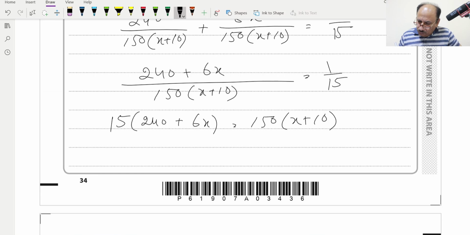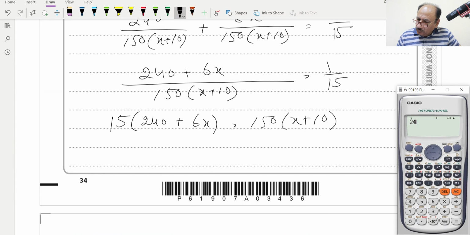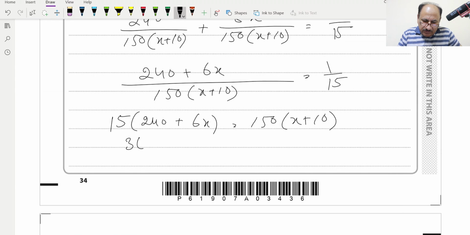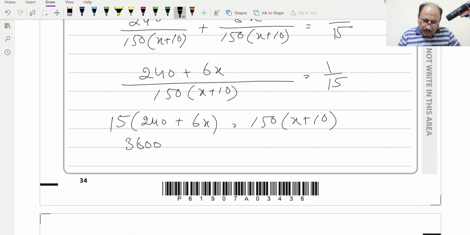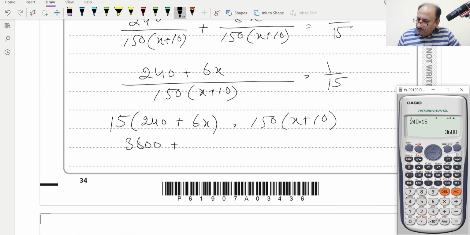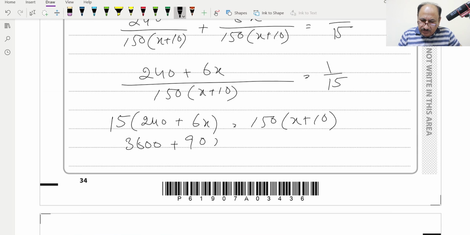240 into 15 is equal to 3600, and plus 15 multiplied by 6 is equal to 90, so 90x, and this will be equal to 150x plus 1500, and we can shift everything to the side.